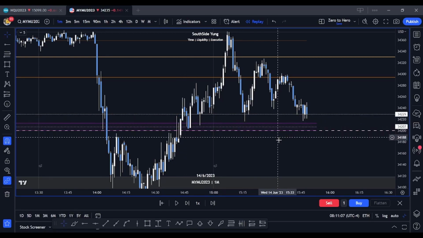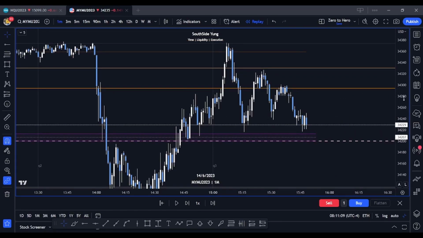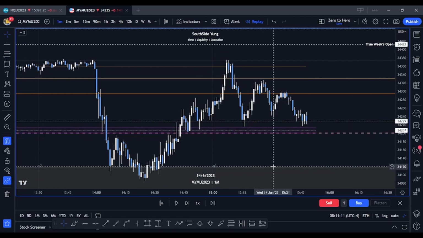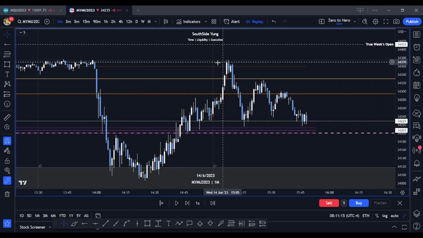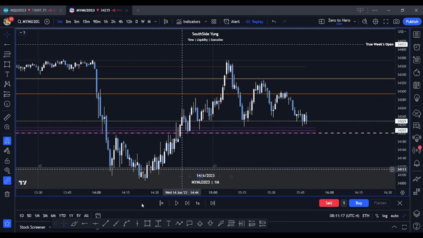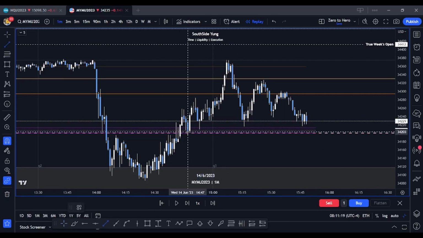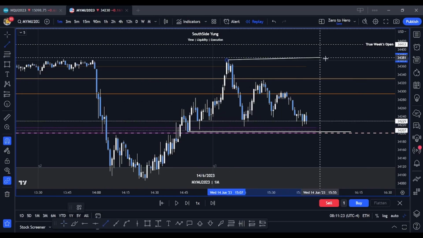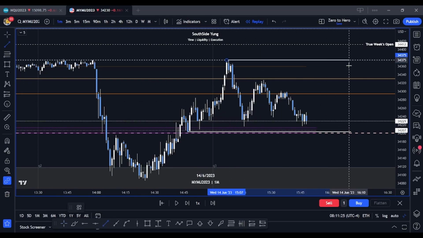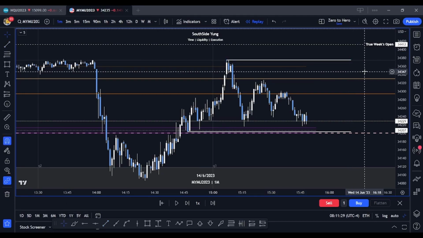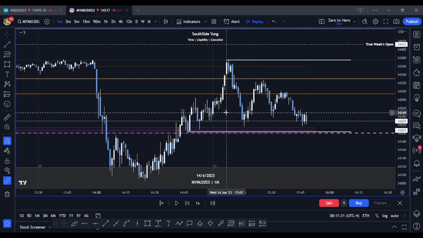Intermediate term low right there gets put in. And then where do we get our high of the range? You're going to get it right here. How do we know this is the low and the high of the range? Because if you mark these out, the low and the high, they're not going to get taken out by any consecutive highs and lows.